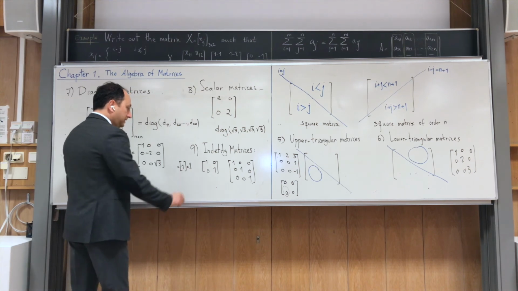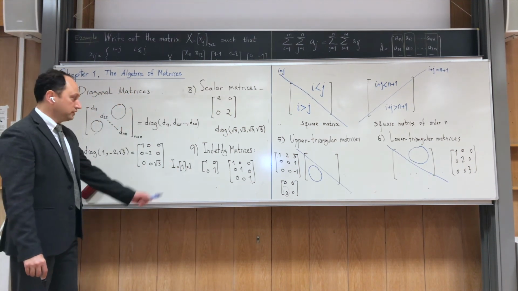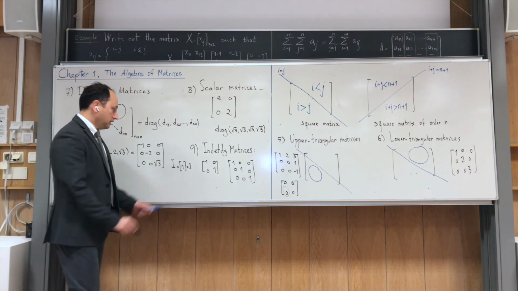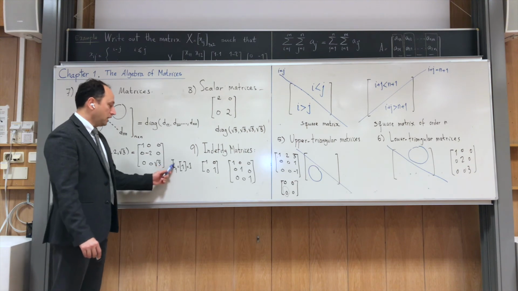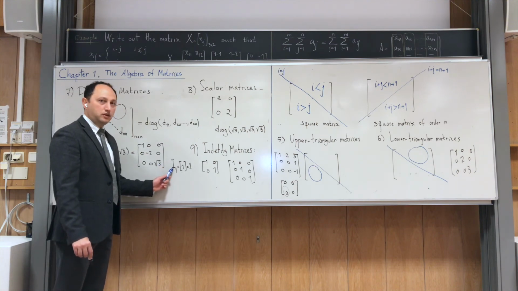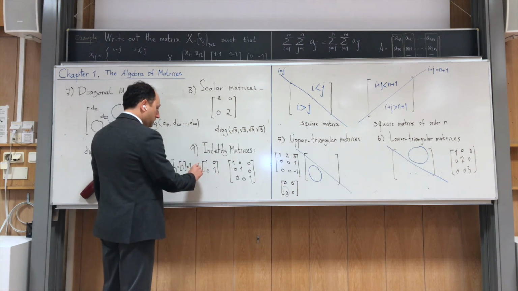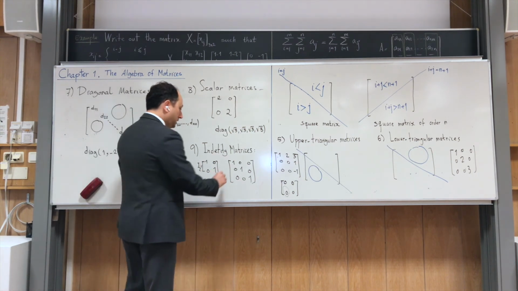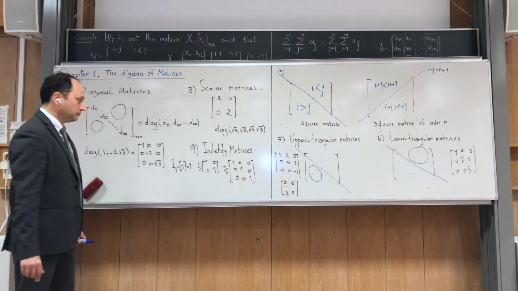And the letter I usually is reserved in the theory of matrices for the identity matrices. And then you put an index below it to show the order. So for example, I1 means the identity matrix of order 1, which is just 1. But this one is the identity matrix of order 2. And this one is the identity matrix of order 3.